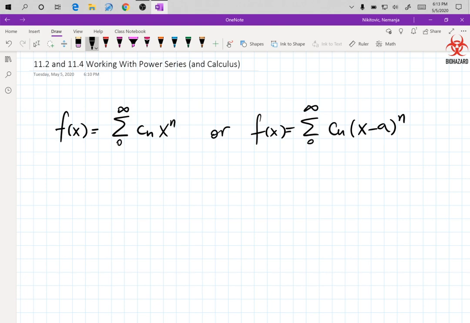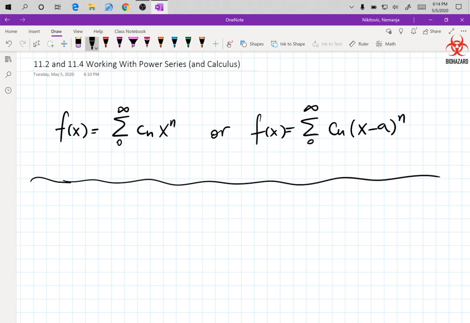So let's see what it means for a power series to converge, to have this interval of convergence or a radius of convergence. They pretty much show the same thing. So we're going to consider three examples, and we are going to understand this radius of convergence.